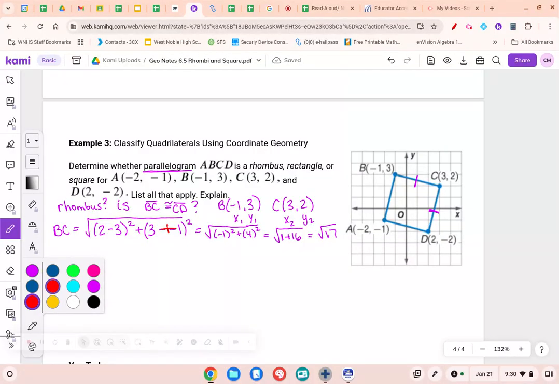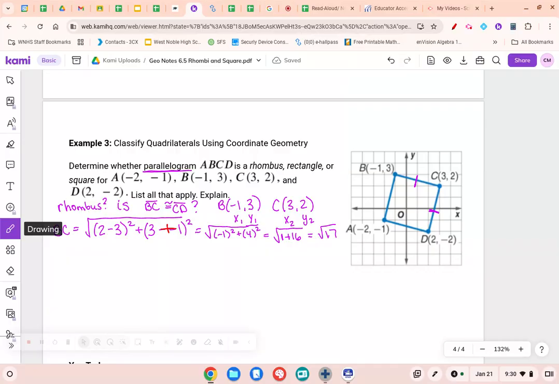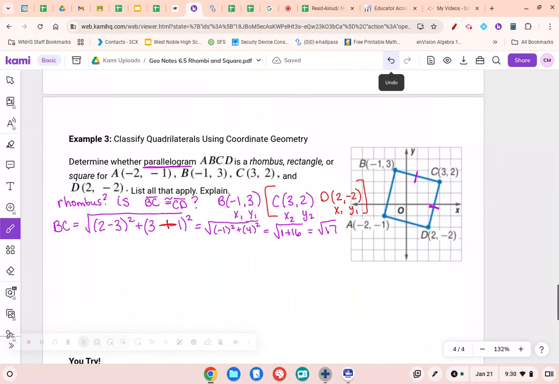Then I need to see, is CD the same length, or square root of 17? So we already know C is 3, 2. And D is 2, -2. So I'm going to just label this x1, y1, because I'm now using these two, and C is already labeled x2, y2. You can label them how you want. You can completely rewrite them. I don't really care.